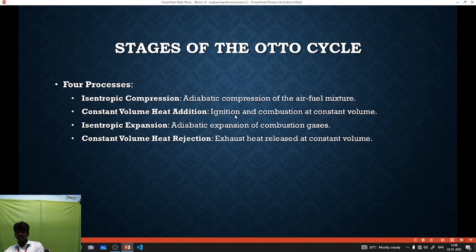Constant volume heat addition means ignition and combustion at constant volume, where we introduce the heat. Isentropic expansion means after the power stroke, adiabatic expansion takes place automatically. Constant volume heat rejection occurs through the silencer or exhaust system: at the exhaust valve, exhaust heat is released at constant volume.